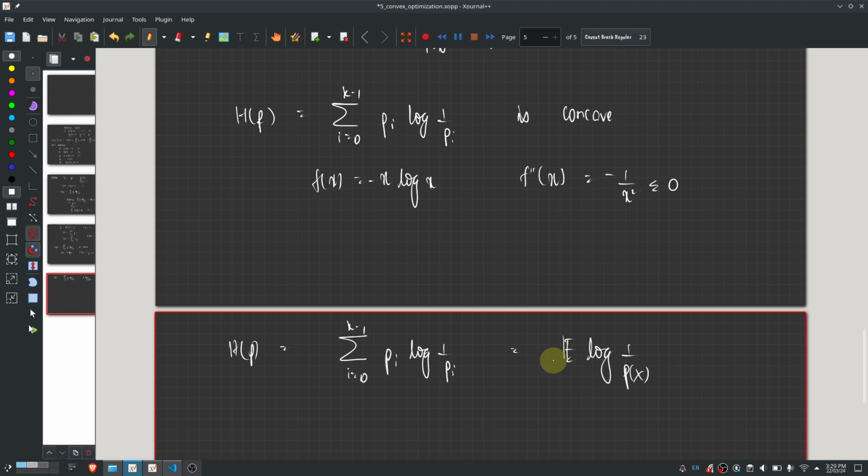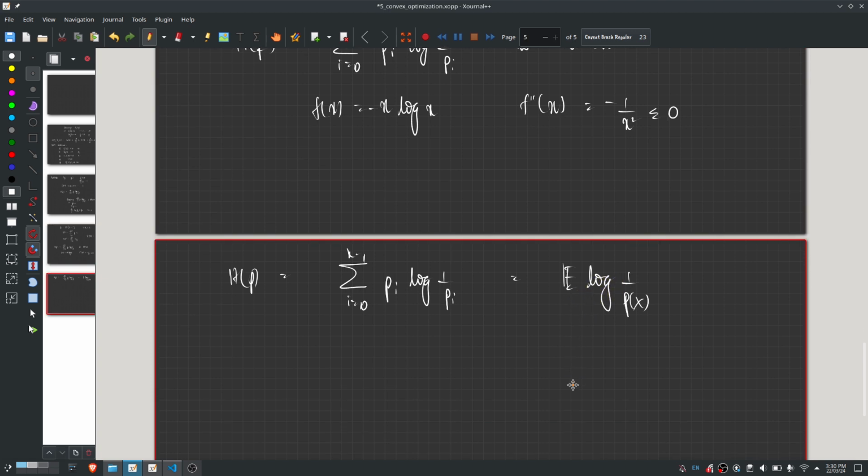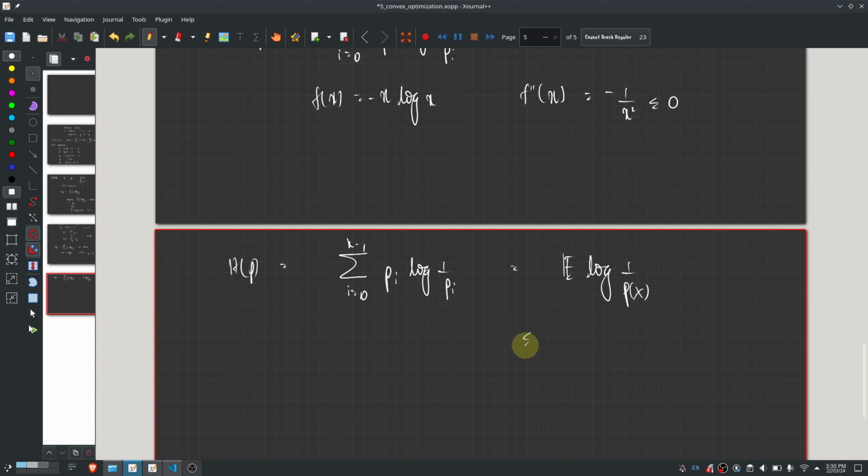And what does Jensen's inequality do? What kind of a function is log x? It's a concave function. So if I apply Jensen's inequality on a concave function, what should I get? What is the expectation of log of something? It's less than or equal to log of the expectation of whatever. In this case, it's 1 by p of x.